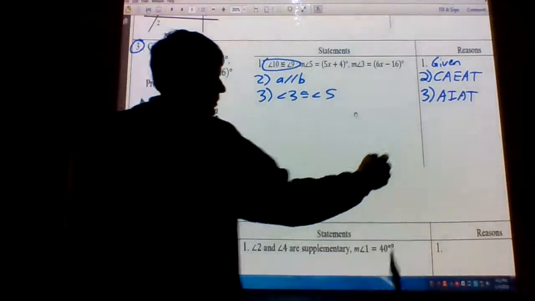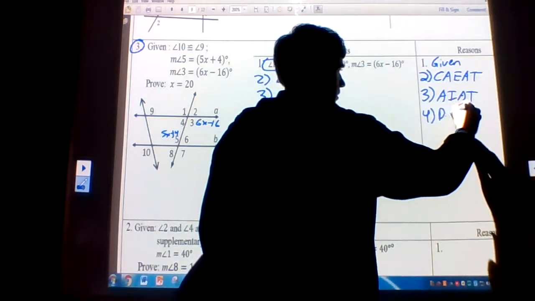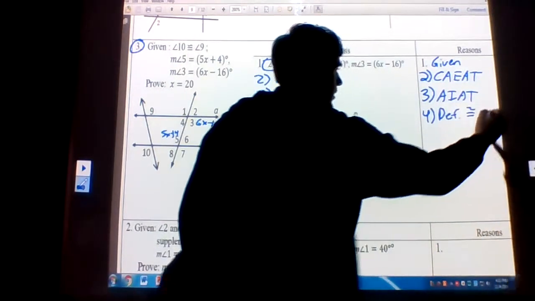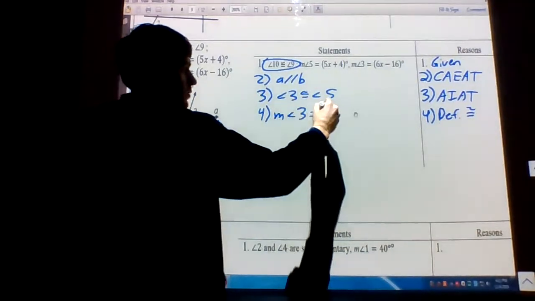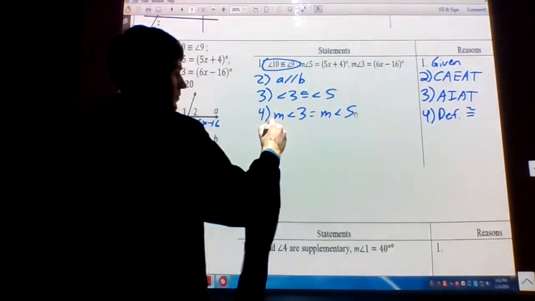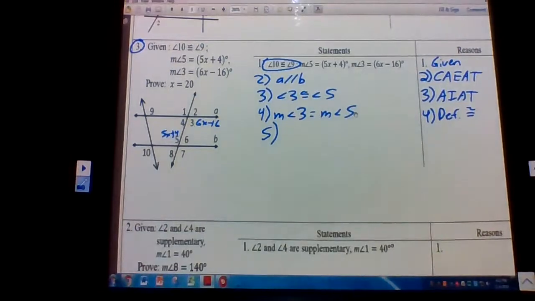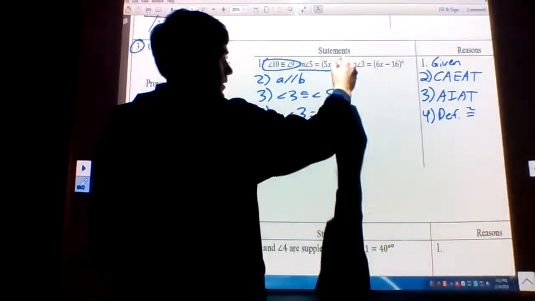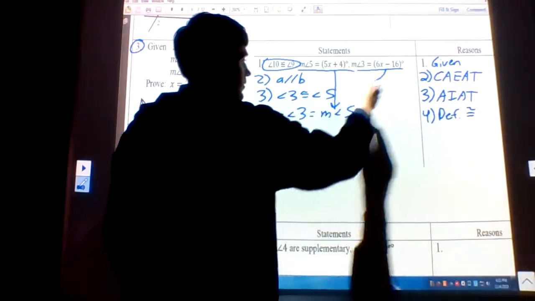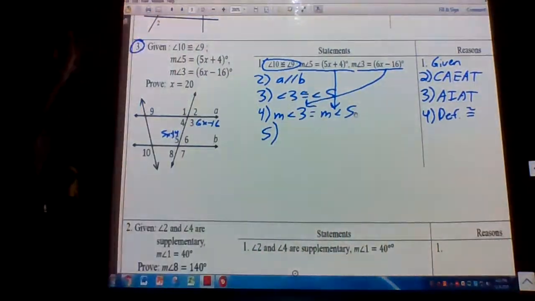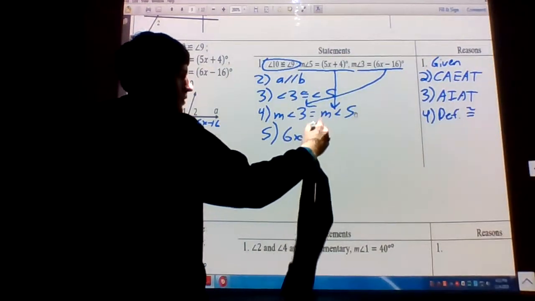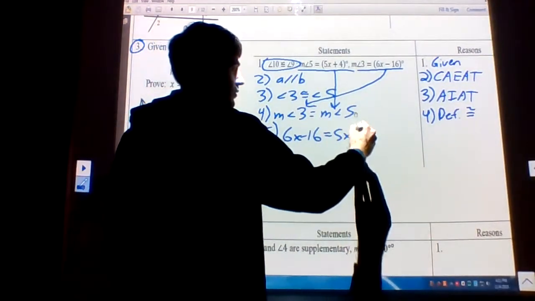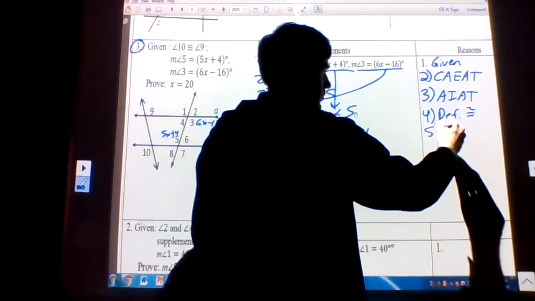Therefore, by the definition of congruent, we know that the measure of angle 3 equals the measure of angle 5. Congruent means their measures are equal. And then we can substitute in. So we have the measure of angle 5, and we have the measure of angle 3. So substitute those in, and we're going to get 6x minus 16 equals 5x plus 4 by substitution.